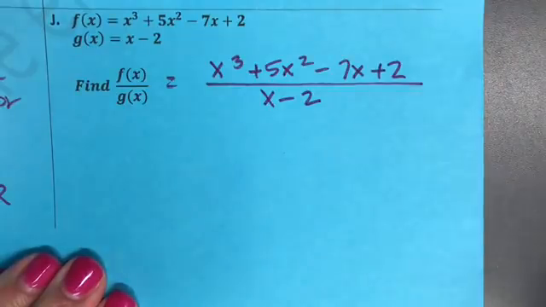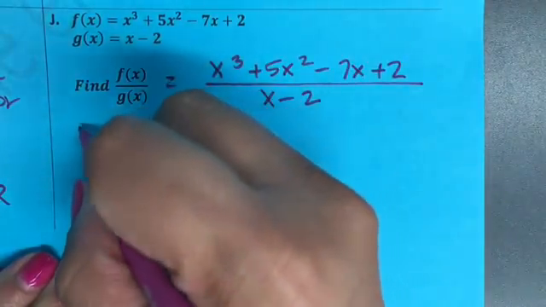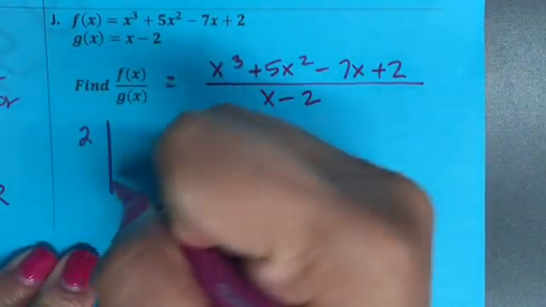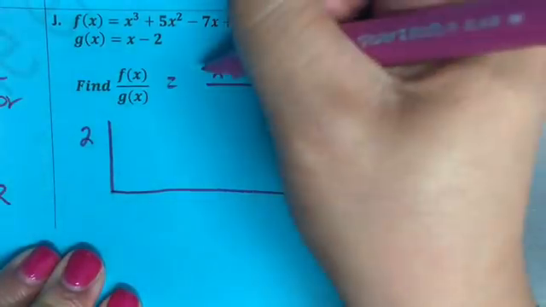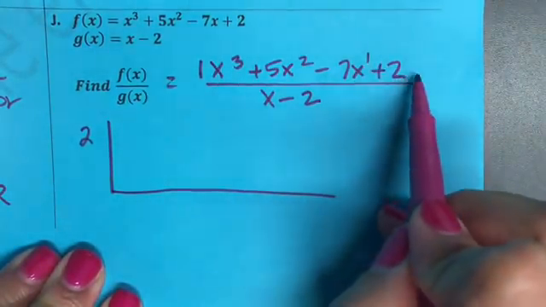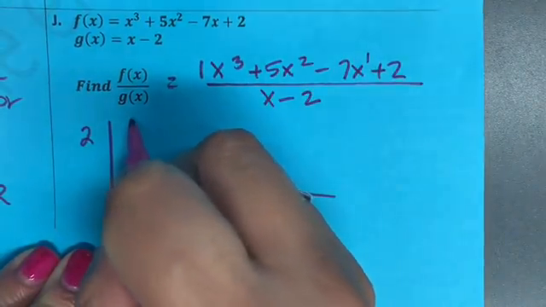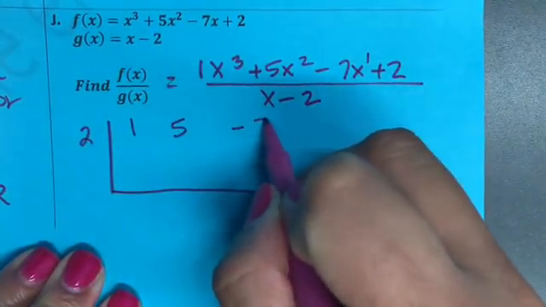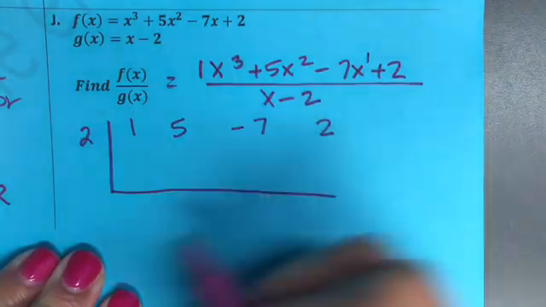And we're going to do synthetic division again for this. So it's going to be 2. And the coefficient here is going to be a 1. And have 3, 2, 1, 0. So we're going to say 1, 5, negative 7, and 2.